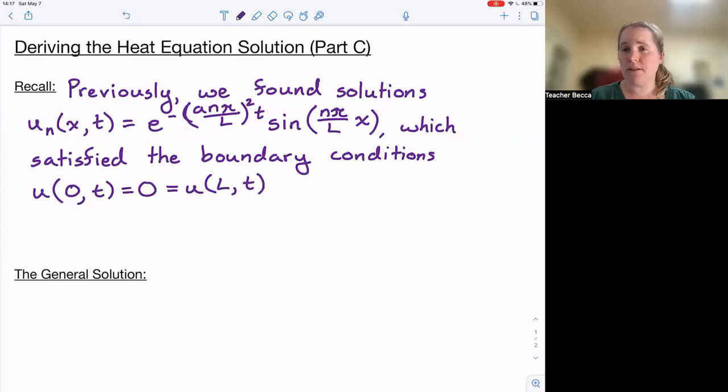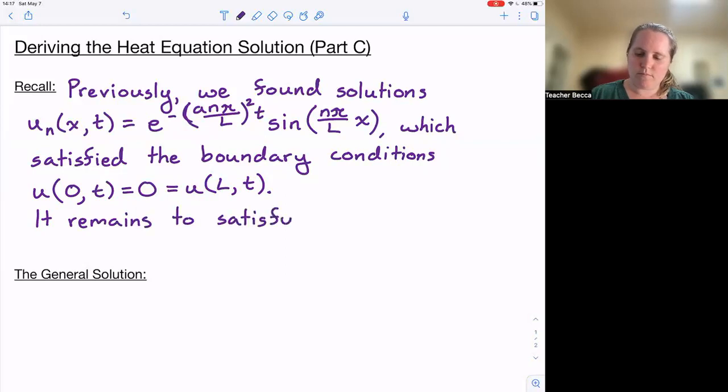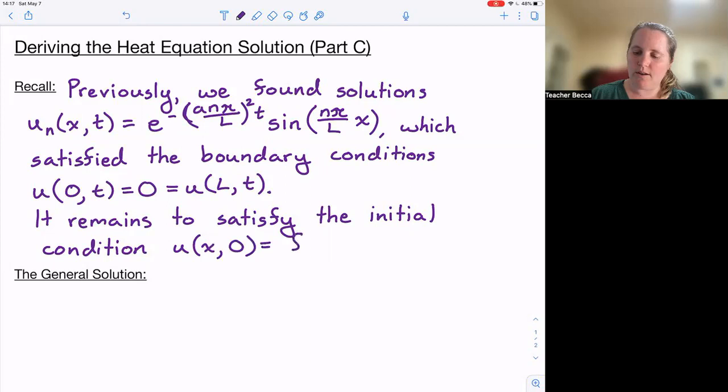So it just remains to satisfy the initial condition of u of x,0 equaling f of x.